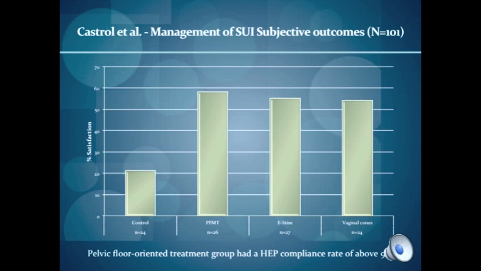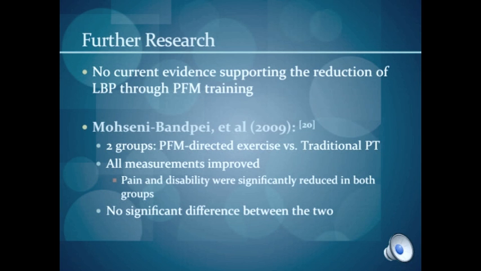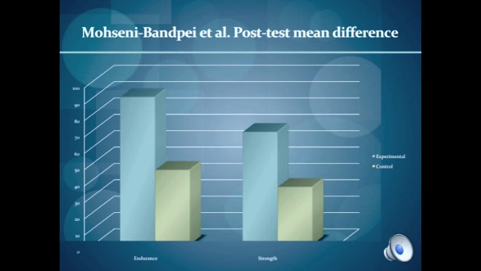Now, bear in mind that this is a fairly new topic of research, and there isn't enough of it to indirectly attribute the reduction of nonspecific low back pain to pelvic floor-oriented treatment. This was actually examined in a 2009 randomized controlled trial conducted by Mahensi Benpei et al. It compared the effectiveness of supplementing pelvic floor strengthening exercises to standard treatment for low back pain.